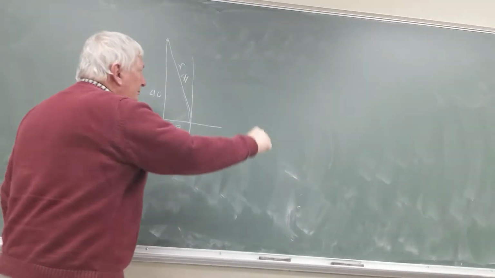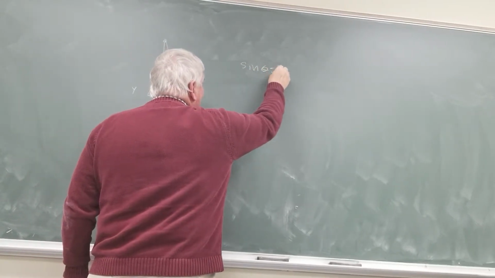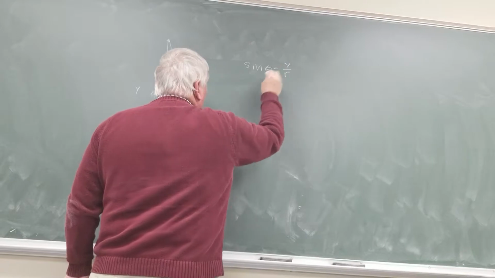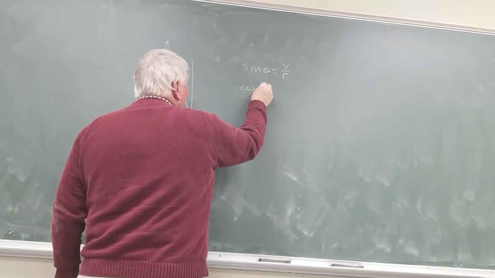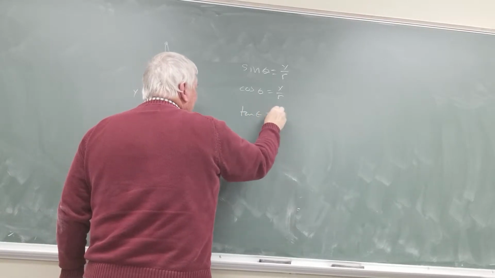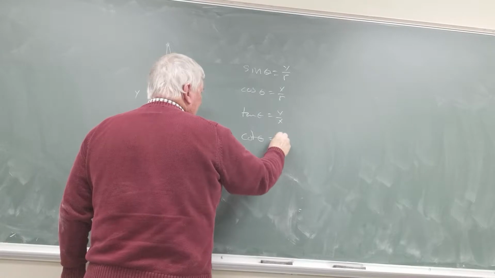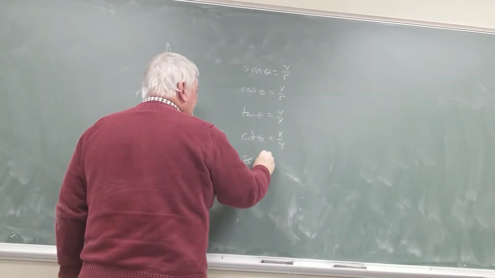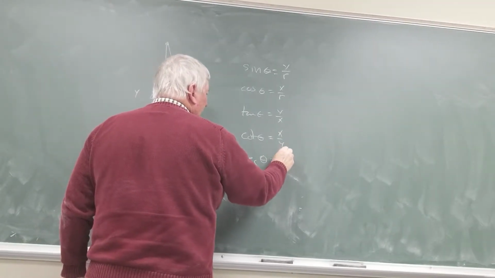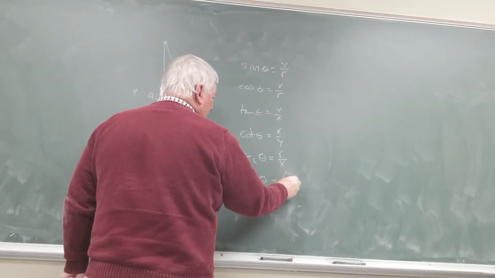And just before we write down numbers, sine of theta is y over r, cosine of theta is x over r, tangent of theta is y over x, cotangent of theta is x over y, secant of theta is r over x, and cosecant of theta is r over y.